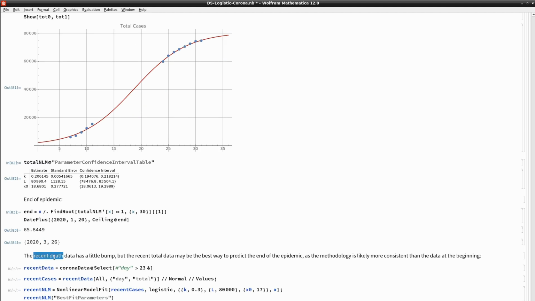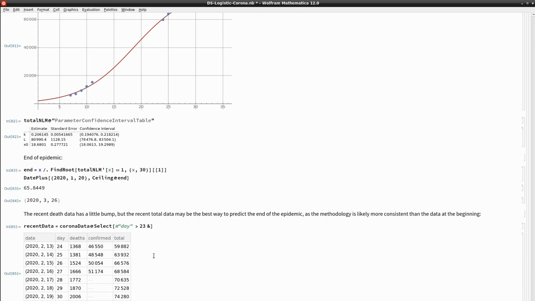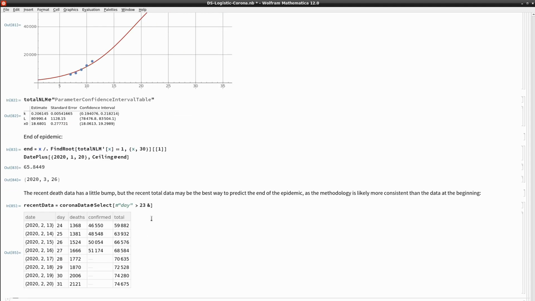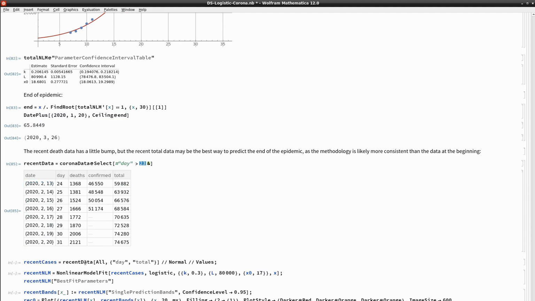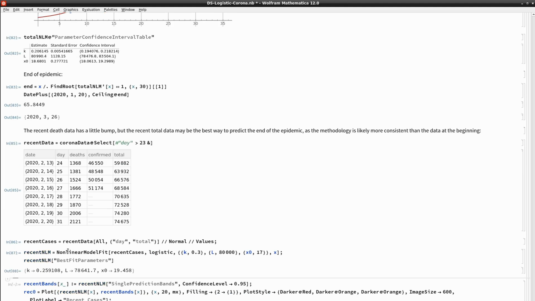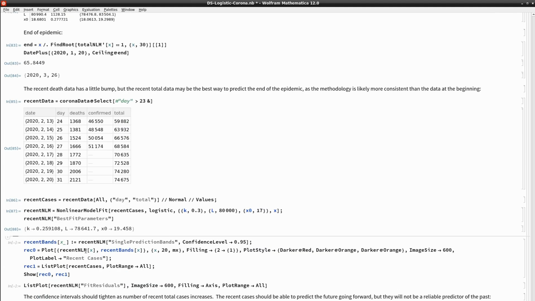The recent data has a little bump, but the recent total data may be the best way to predict the end of the epidemic. And this methodology is likely more consistent than the data at the beginning. So if we are now selecting the days after day 23, and that was the 13th, then let's call them the recent cases, and we do the same model fit with just the recent cases.